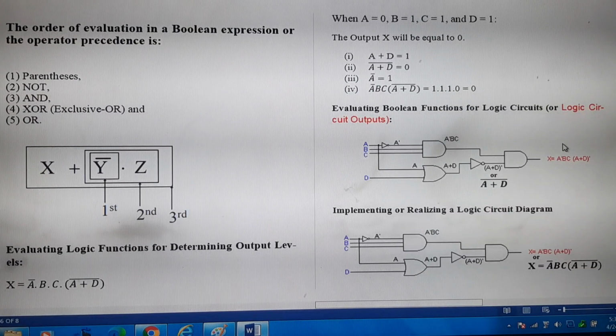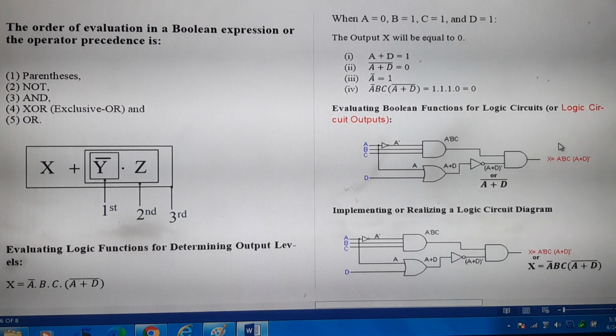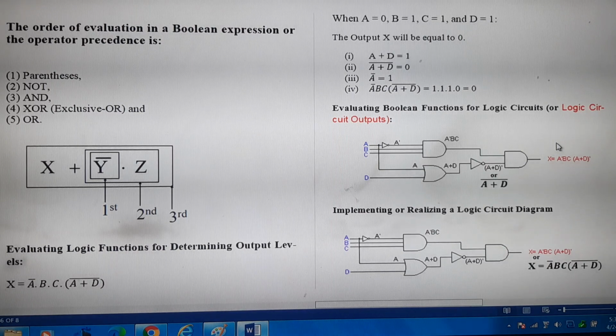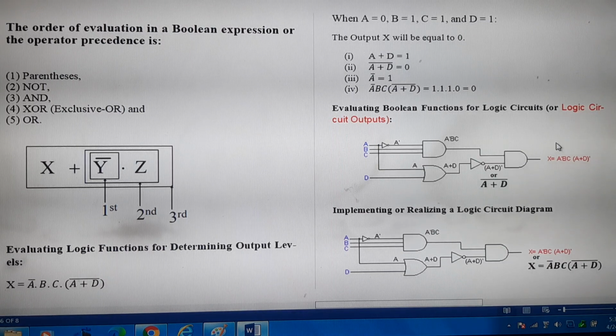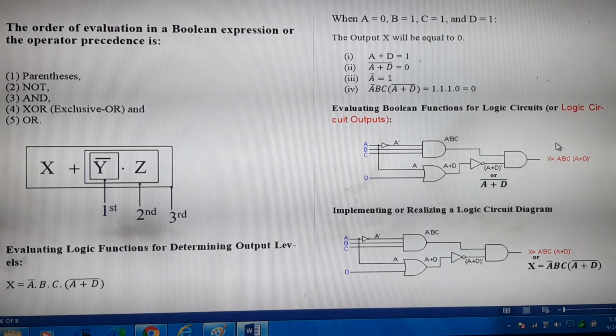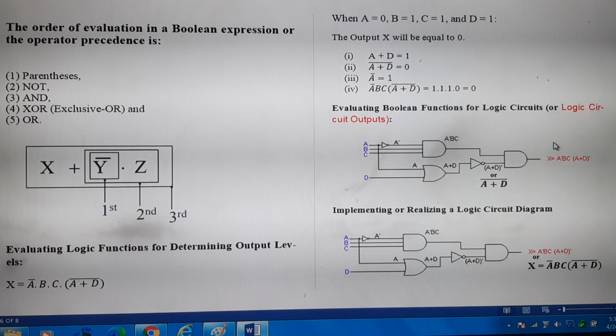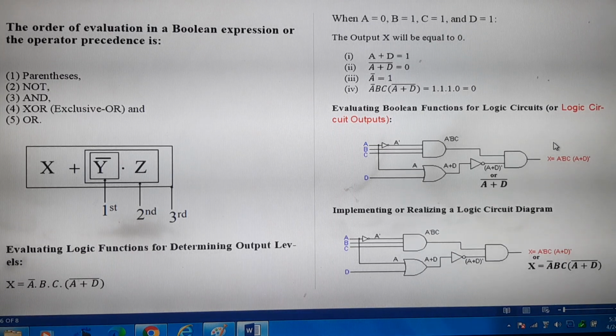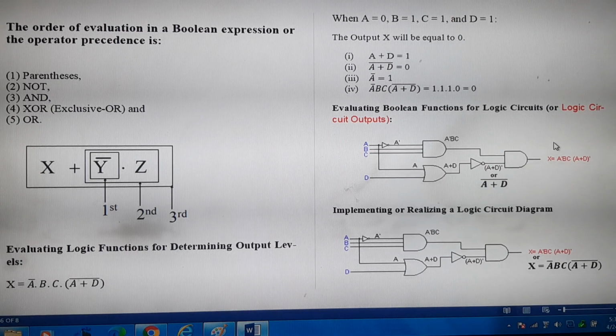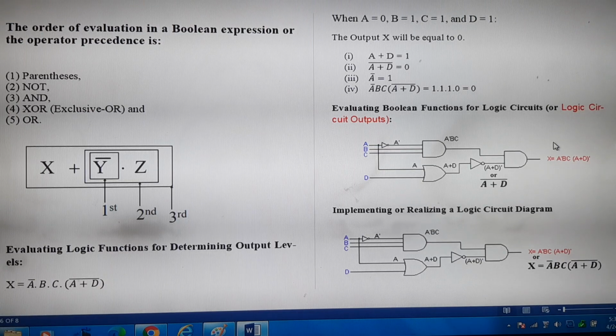Now we will discuss the order of evaluation in a Boolean expression, or the operator precedence while evaluating a Boolean expression. In the order of evaluation, the highest precedence holds parenthesis, then not operator, then AND, then exclusive OR, and then finally OR.